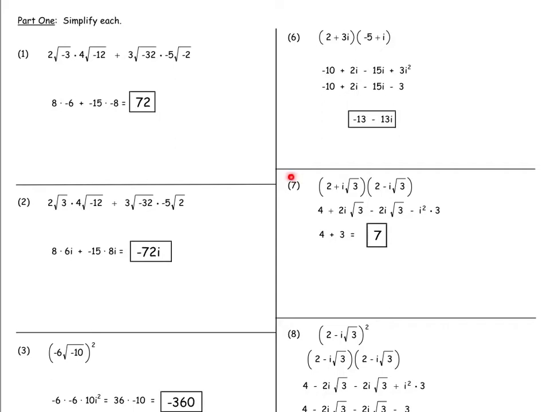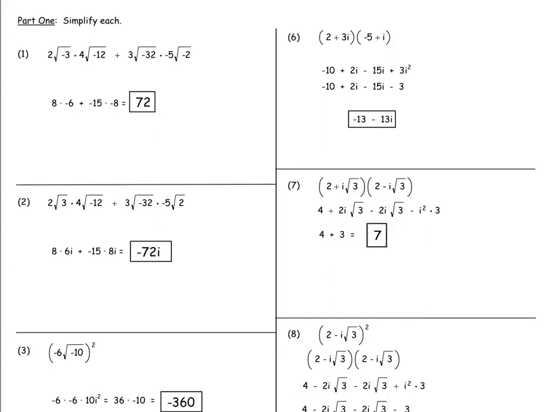Go down here to number 7, and you'll notice that the multiplication is between two 2's and 2i rad 3's, but one's plus and one's minus. So when I FOIL the same way I FOILed in number 6, I get 2 times 2 is 4, but from here I get a negative 2i rad 3, and from here I get a positive 2i rad 3, and they're going to cancel out.